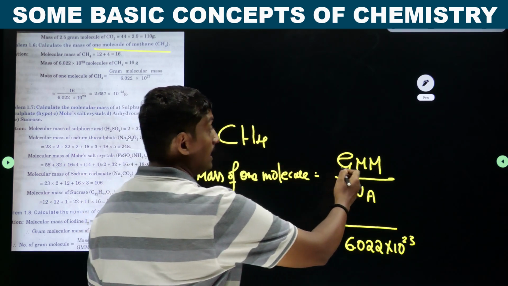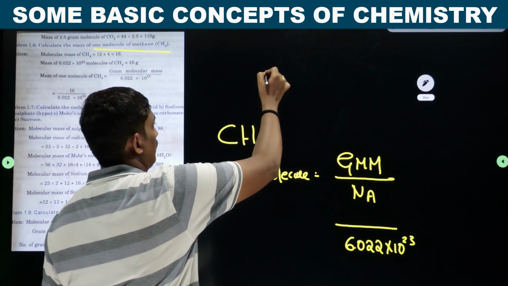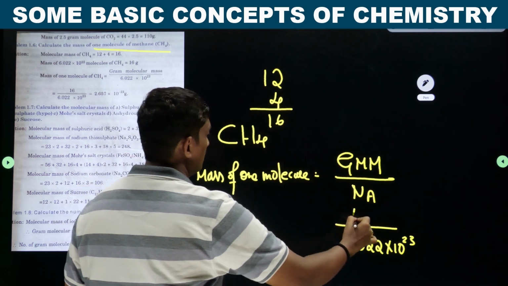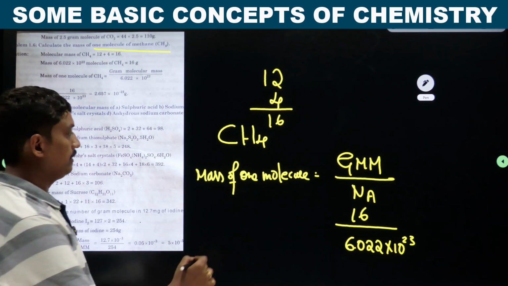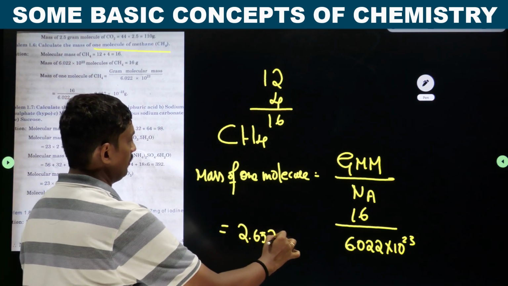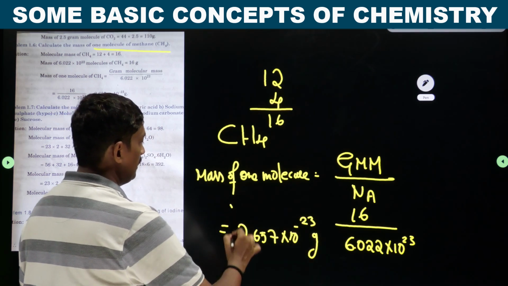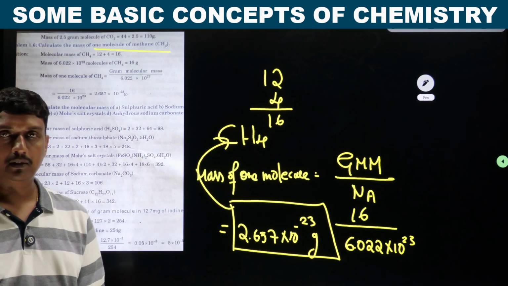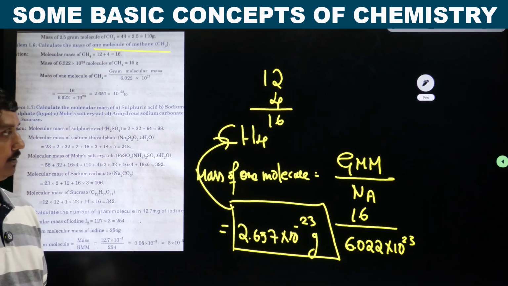Calculate the gram molecular mass: carbon 12, 4 hydrogen atoms 4, so 16. 16 divided by 6.022 into 10 to the power 23 is equal to 2.657 into 10 to the power minus 23 gram, which is the mass of one molecule of methane. Okay, this is one example.